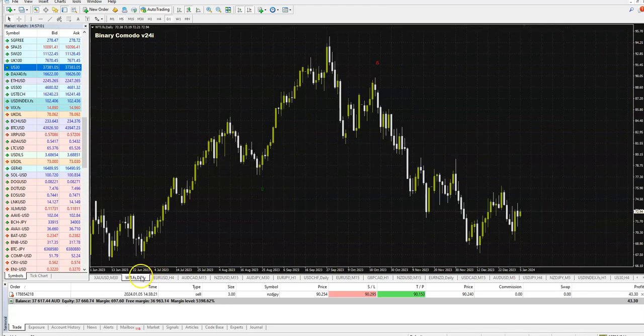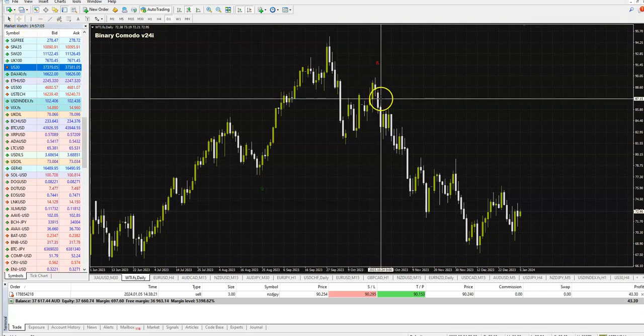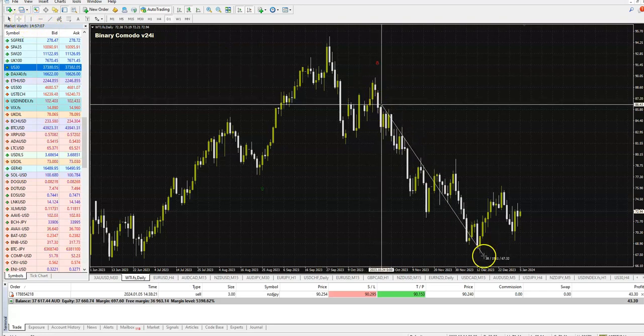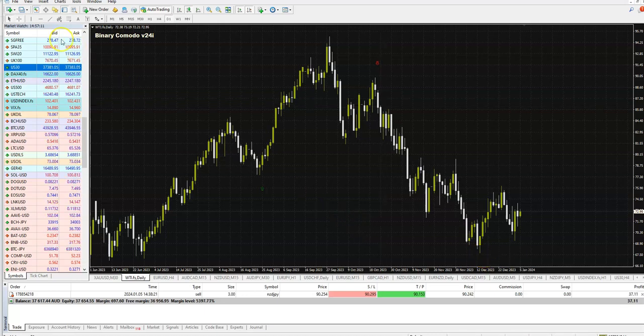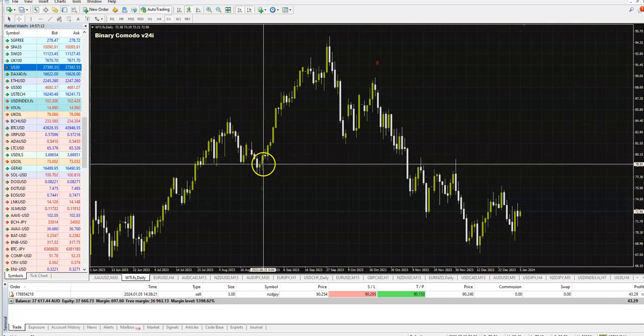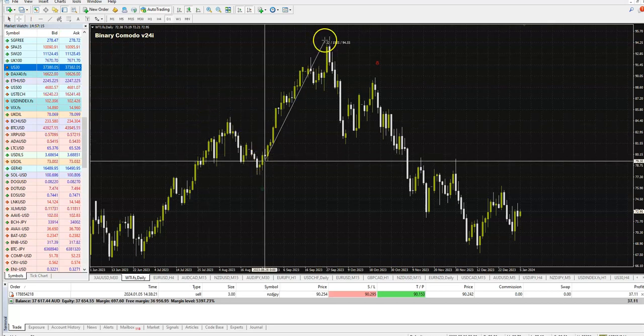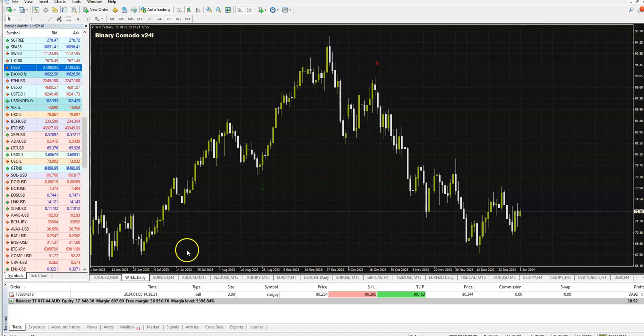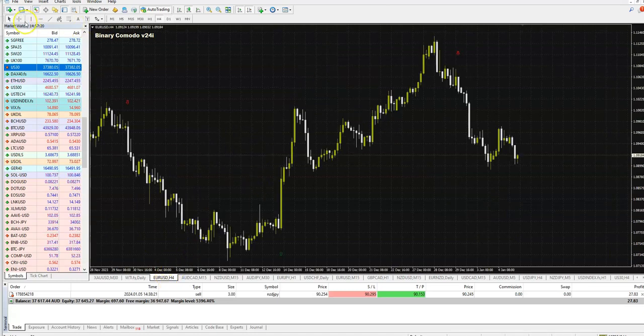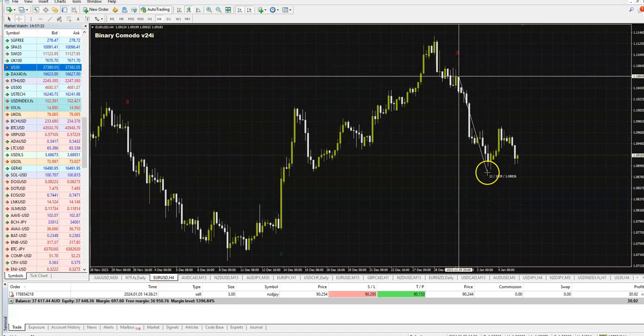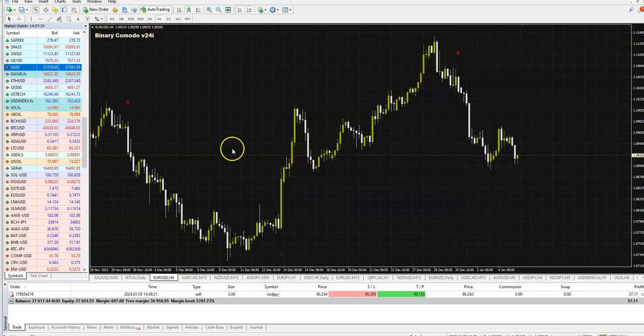But you see, if you trade, let's say, on a daily chart, you can make, you see here, 200 pips, or here 150 pips, or on a 4 hour 170 pips.